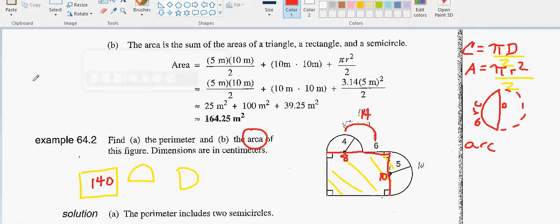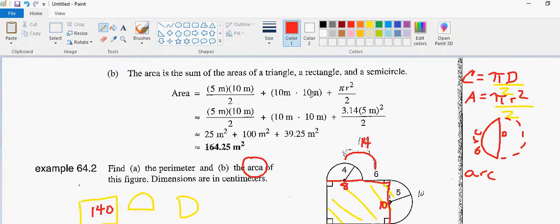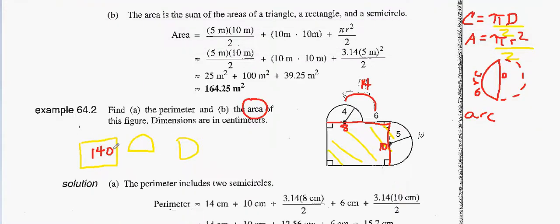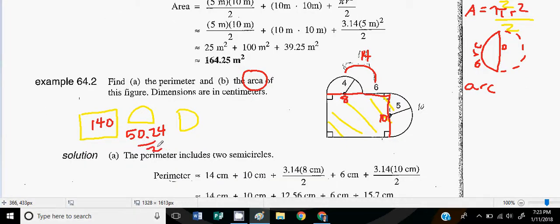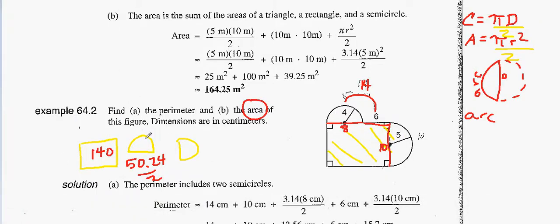All right, 3.14 times radius squared is 16. So 50.24, I'll write it over here. 50.24. Now, don't forget to divide by 2, which gives me 25.12. I'll write my area again inside the shape, 25.12.